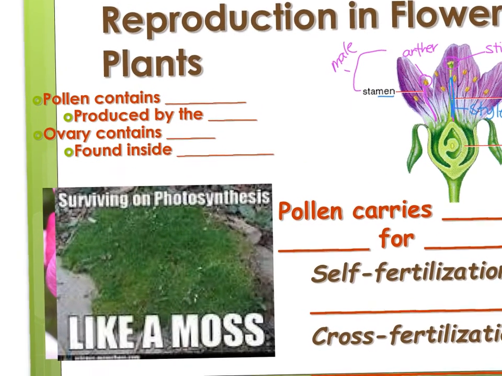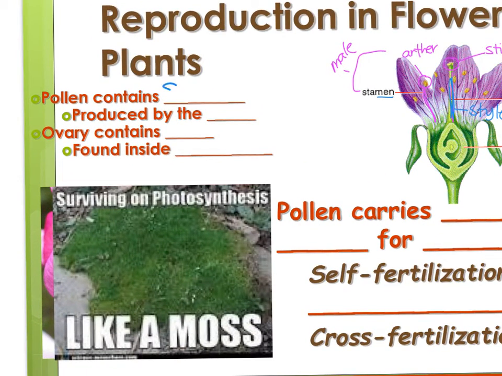So the pollen of a plant actually contains sperm. It's the plant's sperm. And it's going to be produced by the stamen on those anthers. And these are going to be the male portion again. The ovary contains the eggs.